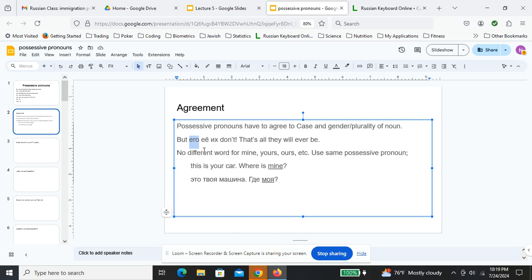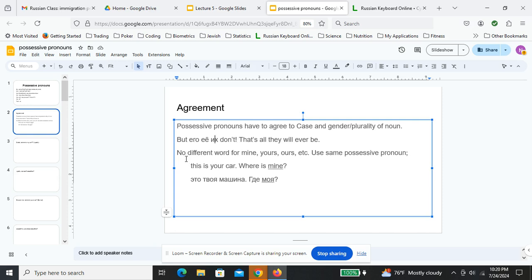If I said I want to drink my water, I would have had to say я хочу пить мою воду, not моя, but мою, because the pronoun has to agree to the case as well, just like the word вода does. So these guys, not only do they not have to agree to gender or to plurality, they also do not have to agree to the case. So yeah, I wish we got to use them more often.